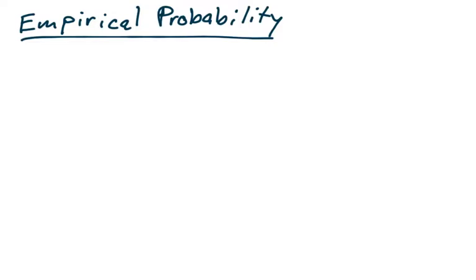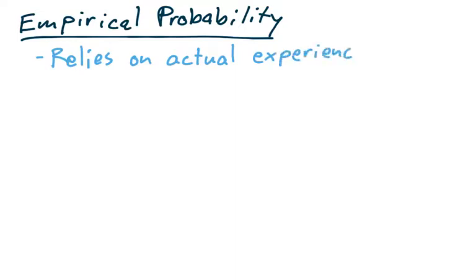The key difference with empirical probability is empirical probability relies on actual experiences in order to determine the likelihood of events or outcomes.